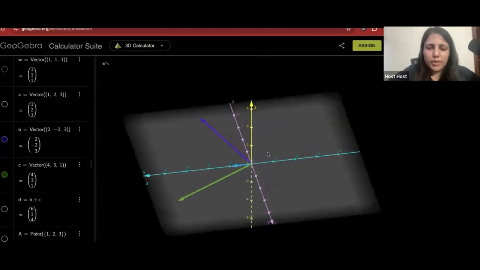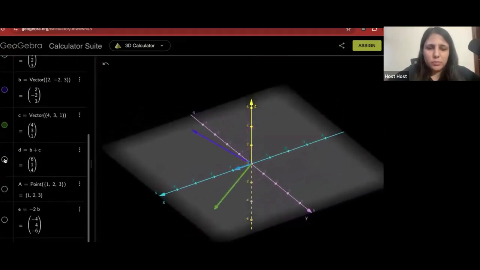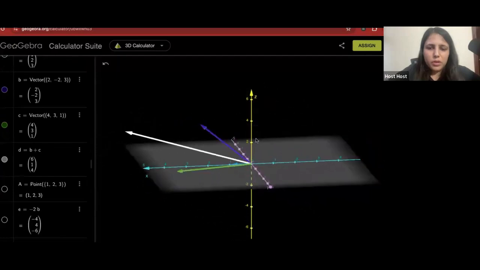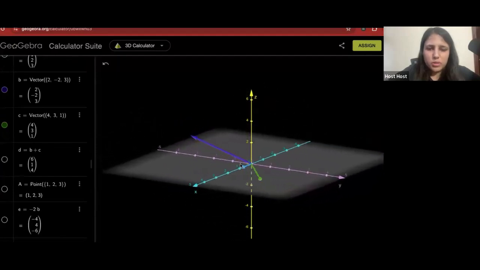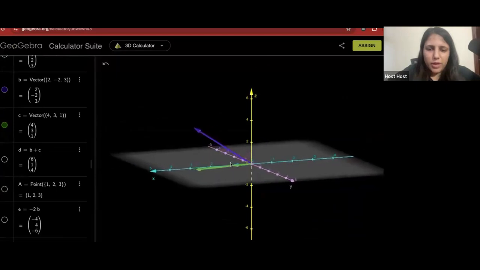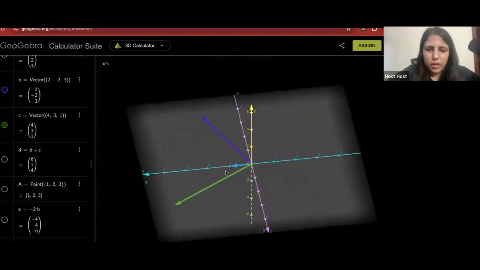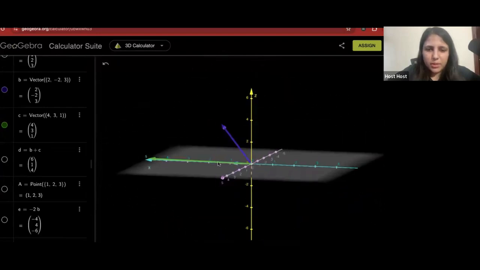I want to add these two vectors, so here I can just do this operation. Let me first go here. What will happen if I take the vector and just place it over there?